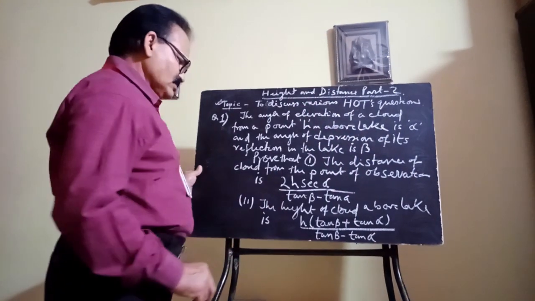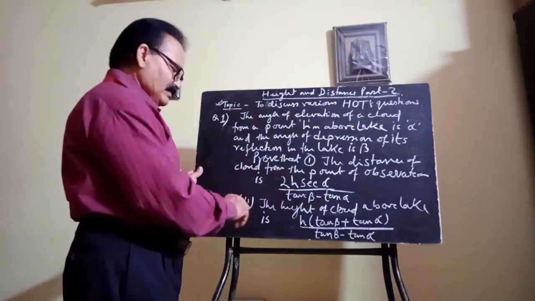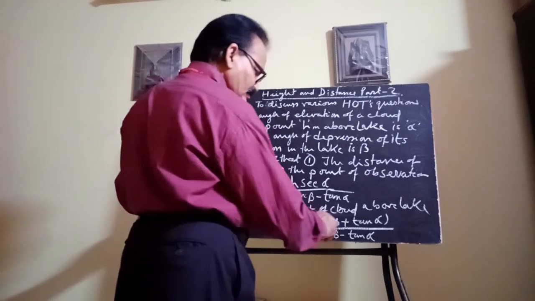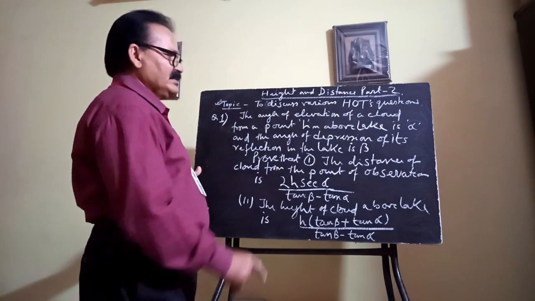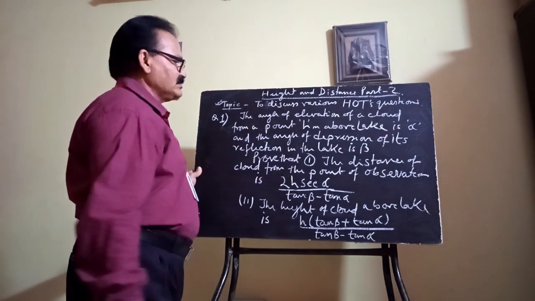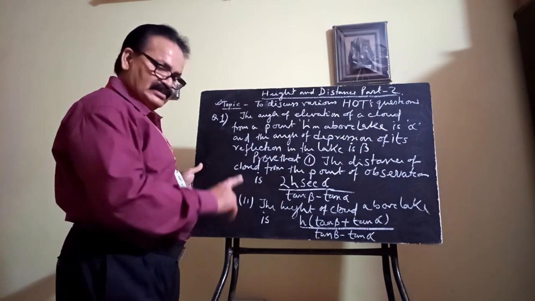So this is your question: height of cloud above lake is h (tan beta plus tan alpha) divided by (tan beta minus tan alpha). You must write this question in your copy.